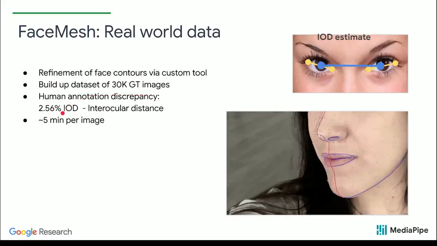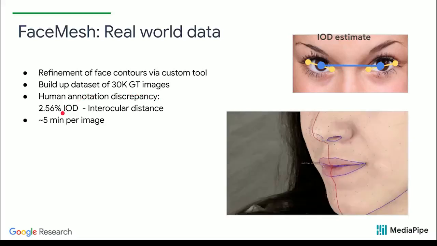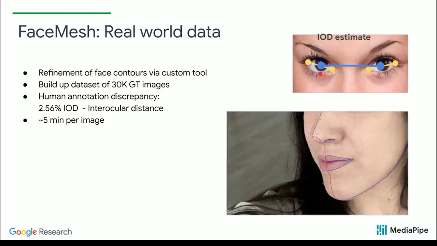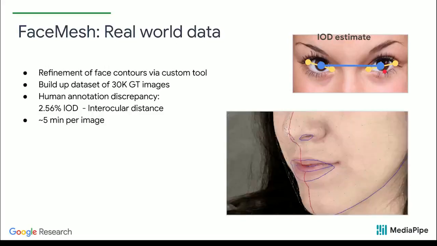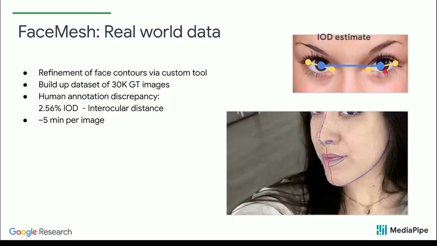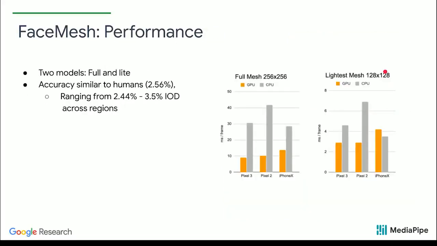And that is roughly 2.5% of the interocular distance, meaning the distance between the pupils of a human. So fairly small. Here you can see that our model actually achieves roughly human performance measured across different regions of the Earth. Our performance is between 2.4 to 3.5% IOD.